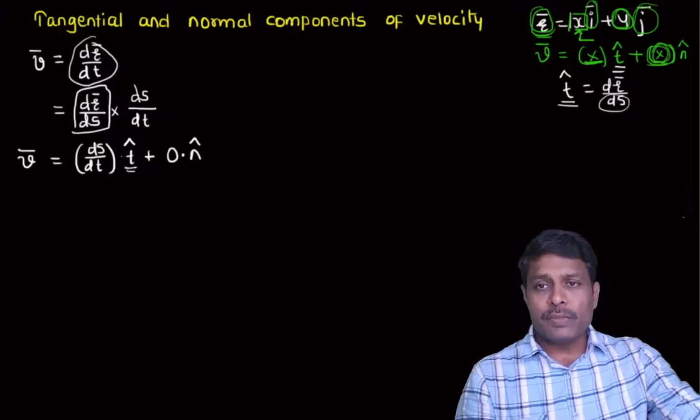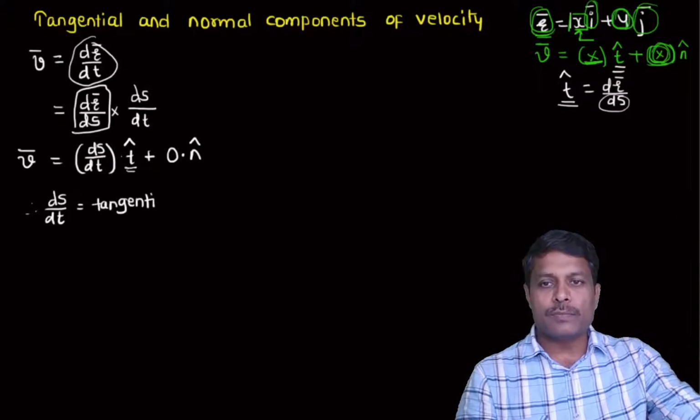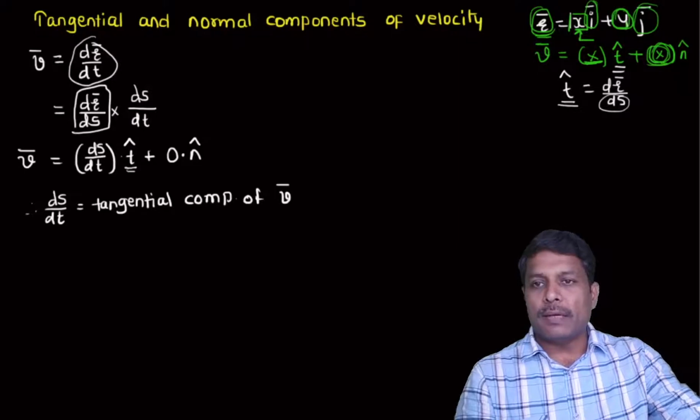Therefore, ds by dt is equal to the component of v bar along the tangent, or you can say the tangential component of velocity, tangential component of v bar. And what is the normal component? The coefficient of n cap is here 0.